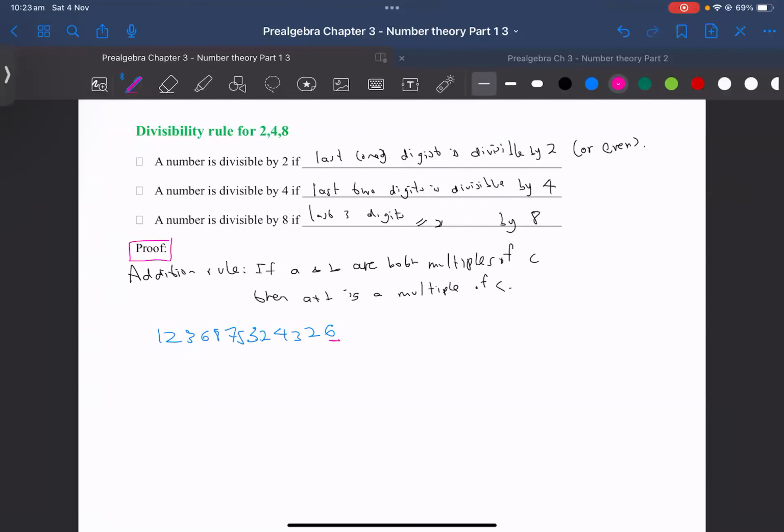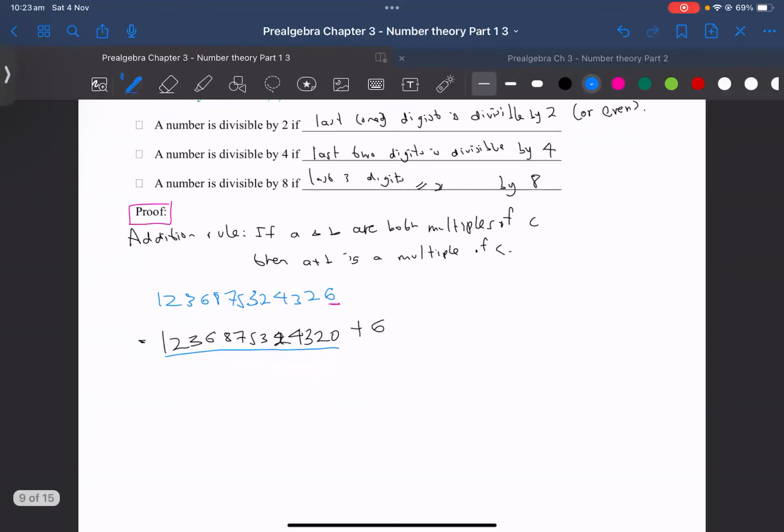So here's a little bit of a trick. I'm going to split this number up into 2. This is equal to 1, 2, 3, 6, 8, 7, 5, 3, 2, 4, 3, 2, 0 plus 6. Is this number a multiple of 2? Yes. For 2, the proof's not that hard.